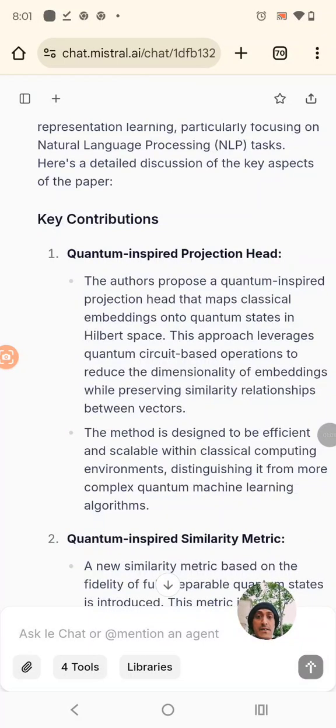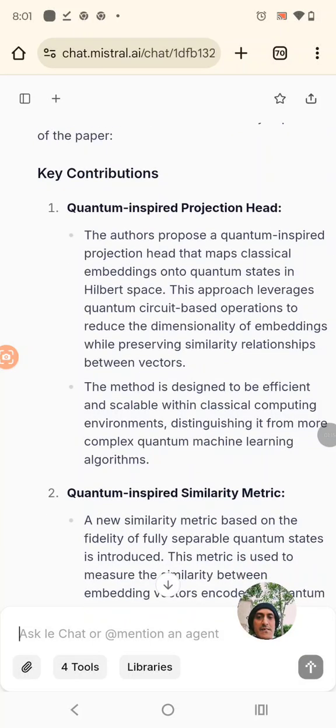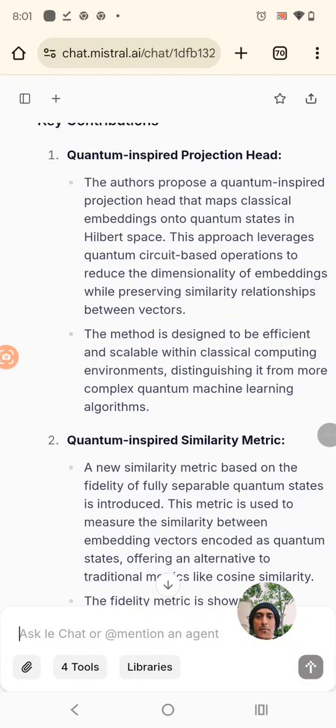The head maps classical embeddings onto quantum states in Hilbert space, so that helps us to leverage those qubits, quantum bits. This approach leverages quantum circuit-based operations to reduce the dimensionality of embeddings while preserving similarity relationships between vectors. It is also designed to be efficient and scalable with classical computing environments, distinguishing it from more complex quantum machine learning algorithms.